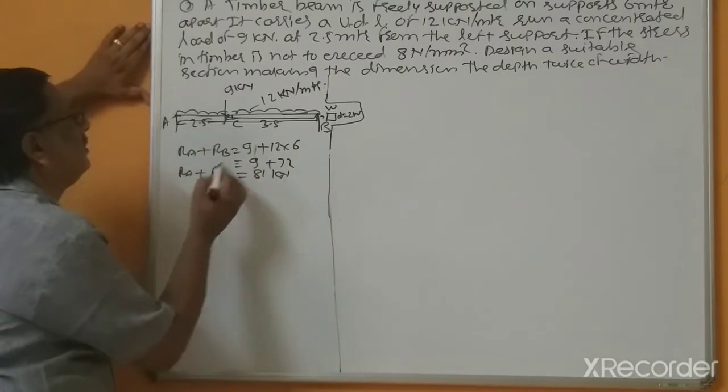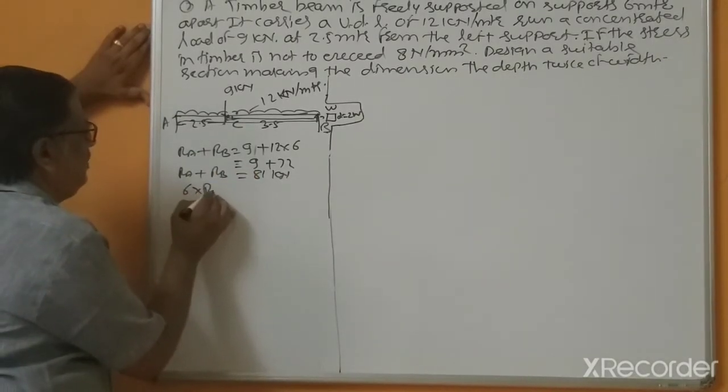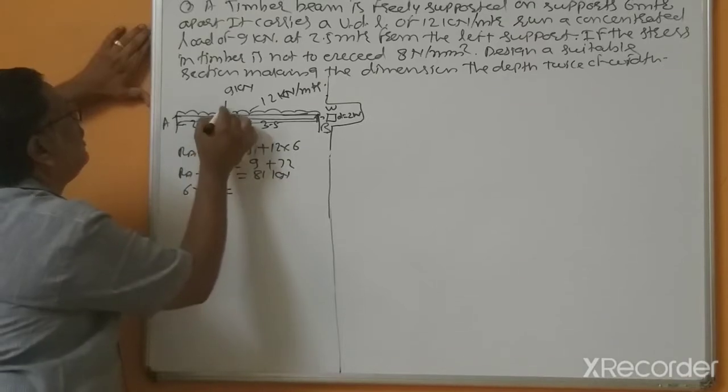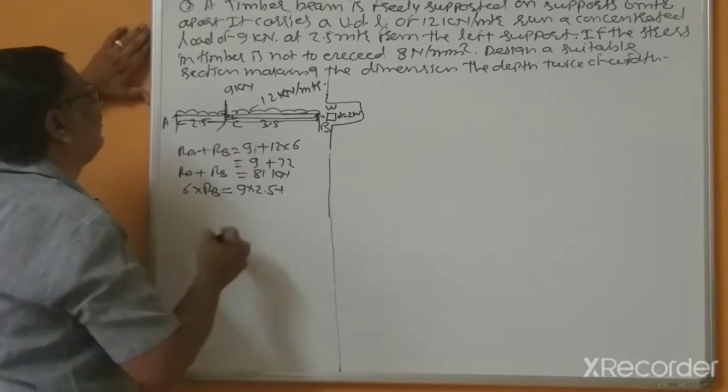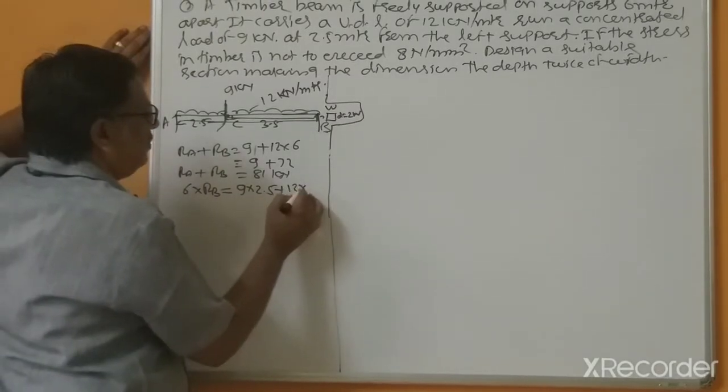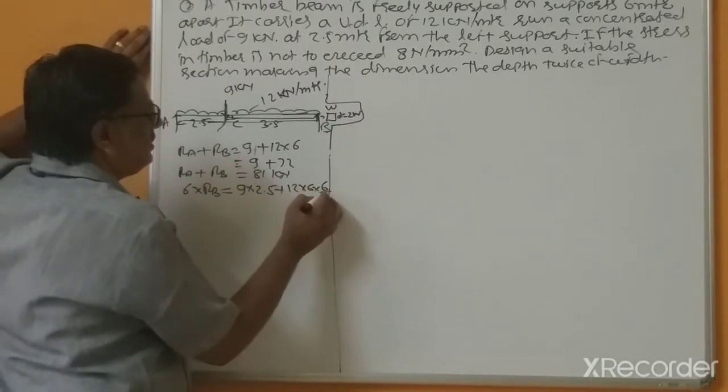By taking moments, 6 into RB equal to, clockwise moment, 9 into 2.5 plus 12 into 6 and half of its distance.